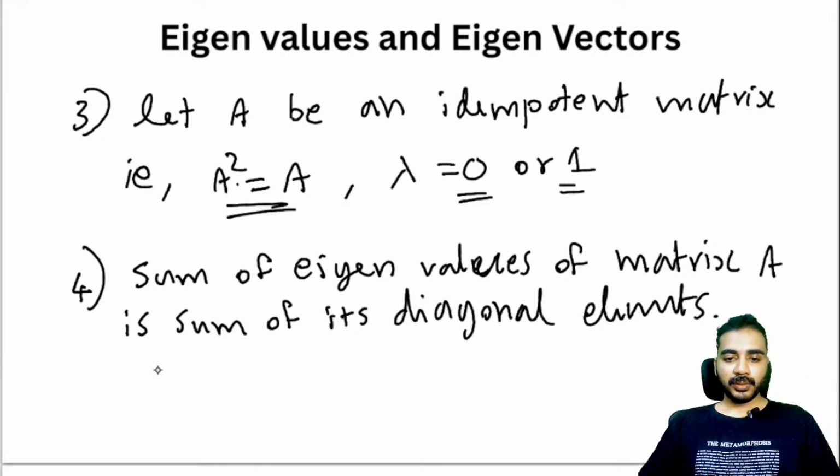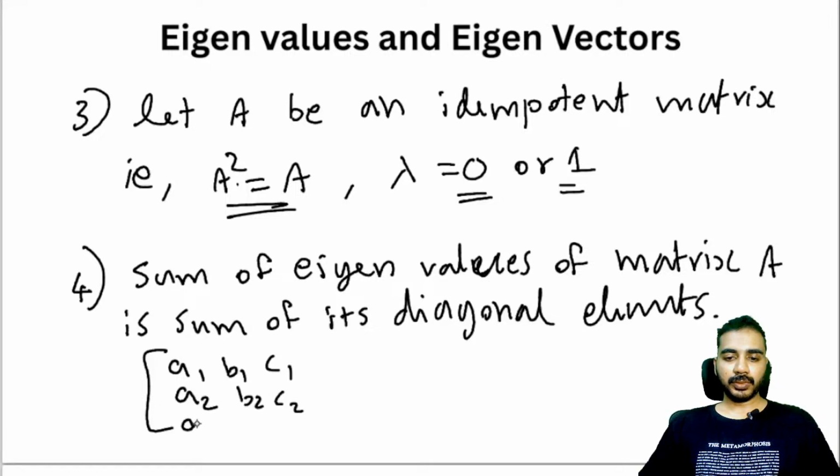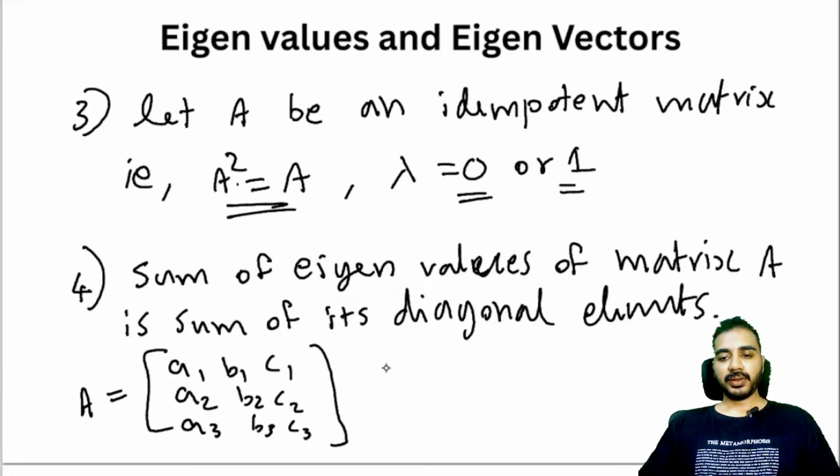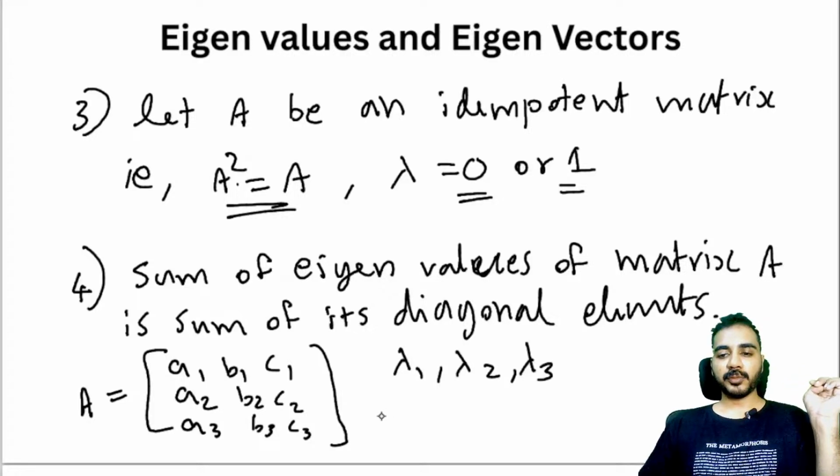Let's say A1 B1 C1, A2 B2 C2, A3 B3 C3 is matrix A. Let lambda 1, lambda 2, lambda 3 be the eigenvalues of this matrix.